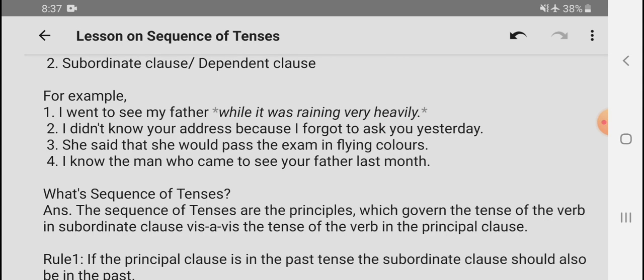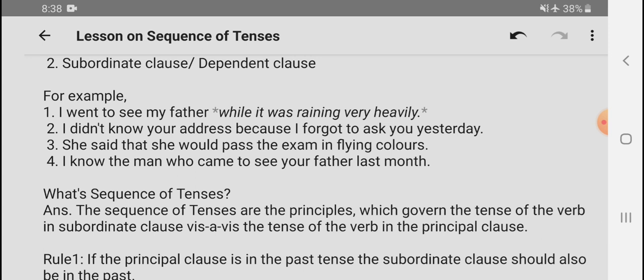Similarly, in example number 2, I didn't know your address gives you a full idea if you read this portion. Because I forgot to ask you yesterday, this seems like a part of another sentence which does not give you a full idea. Third sentence, she said, this is just one sentence, that she would pass the exam in flying colors, seems like a part of another sentence.